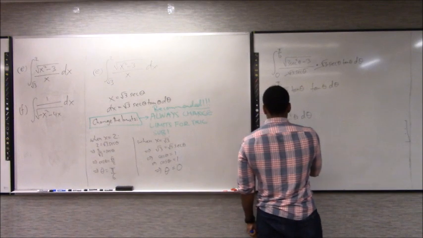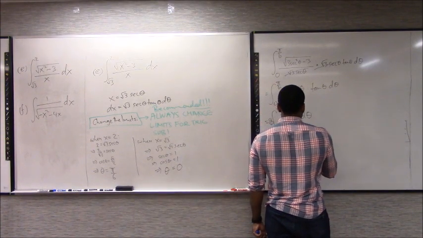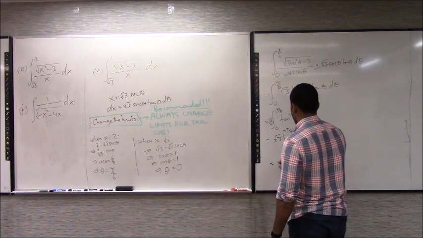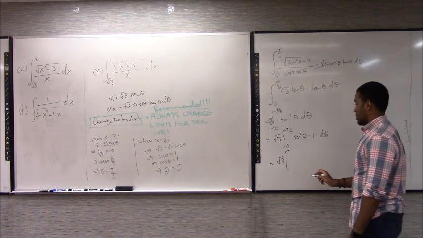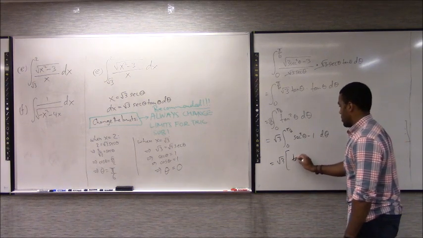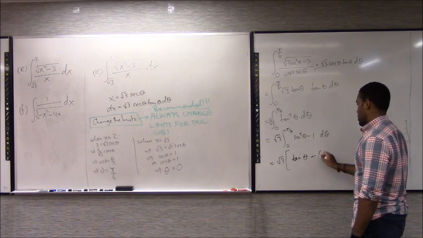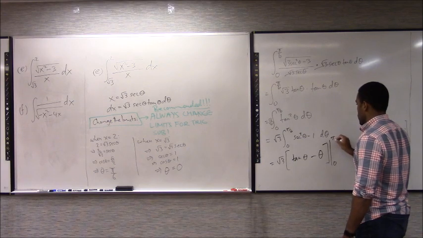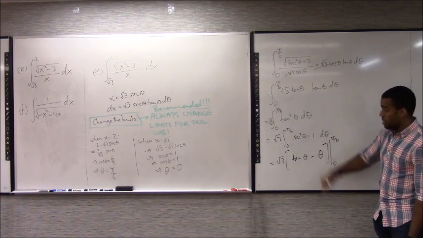So this is secant squared minus 1 d theta, and the integral of secant squared is tangent. The integral of the 1 is theta, because it's d theta. And now, we don't have to go back to the triangle, because we changed the limits to correspond to theta.